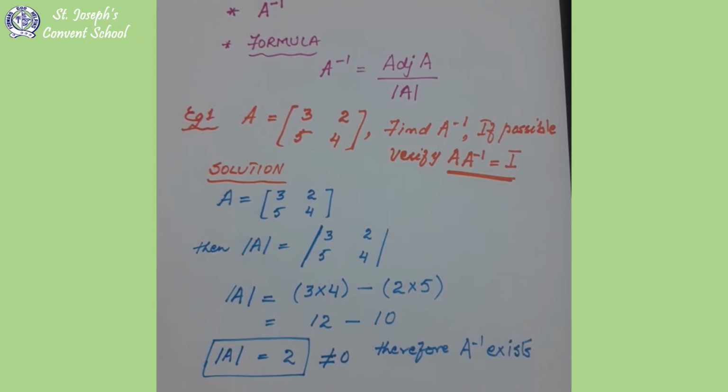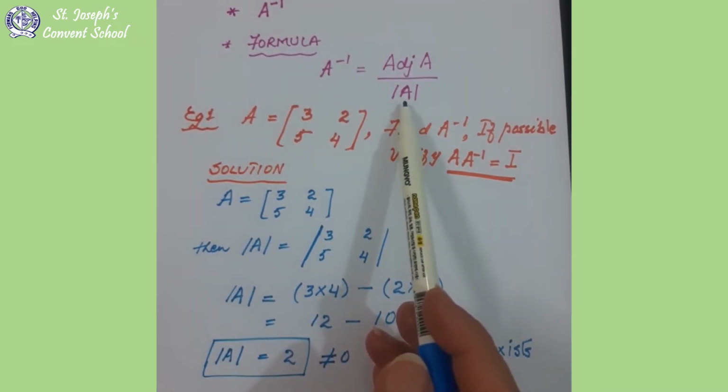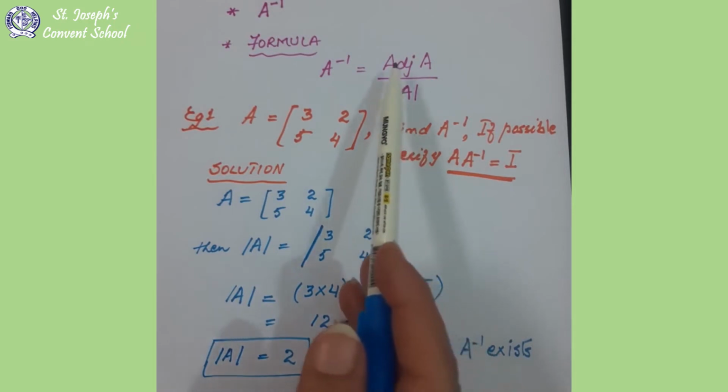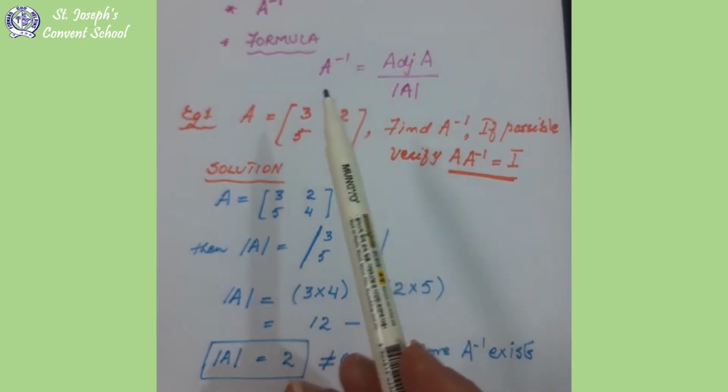Now after finding determinant of A, according to the formula, how to find A inverse? In the formula you can see that there is determinant of A in the denominator and numerator is adjoint A. Now what is adjoint A?